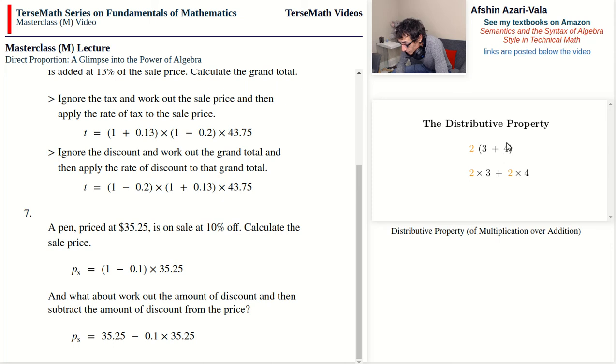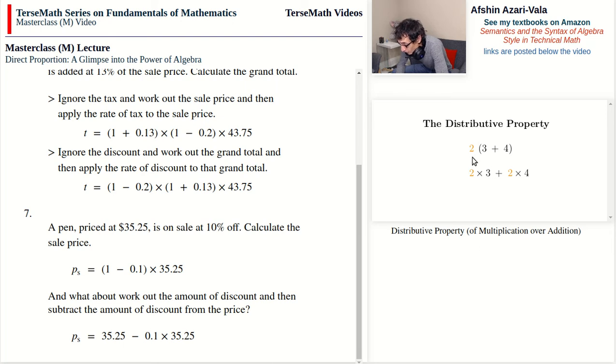Or, as this one says, to get twice the amount, double up each of these groupings of pens. Double up the 3 to 6 and the 4 to 8. That also means you've doubled the total. This is known as the distributive property.